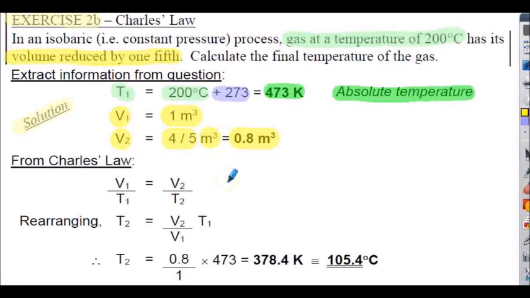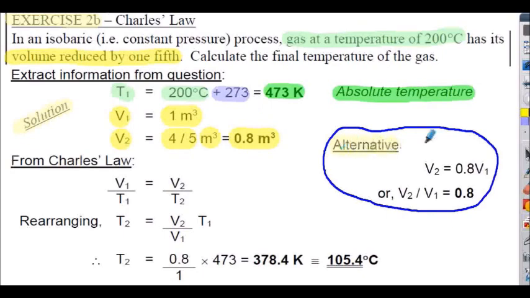I could of course assume volume 1 is 10 meters cubed, which of course means V2 would then be 8 meters cubed. So as long as I keep the ratio of 4/5 between the values, it doesn't matter what I assume for V1. As an alternative, I could write the relationship between final volume and initial volume as V2 is equal to 0.8 V1, and I could rearrange by dividing throughout by V1, so that the ratio V2 divided by V1 is 0.8.